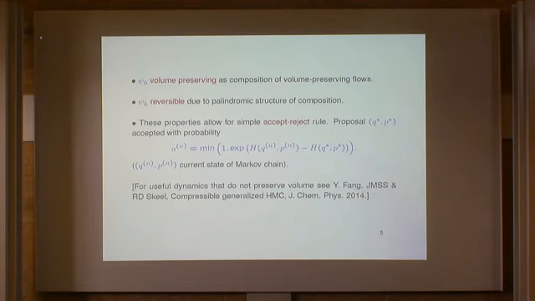And those properties are essential for the sampling because they allow for a simple accept-reject rule. And maybe at this point I will interrupt the flow of my slides and I'll give you a little explanation on this blackboard.